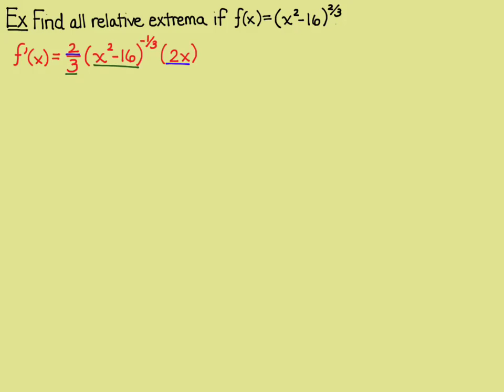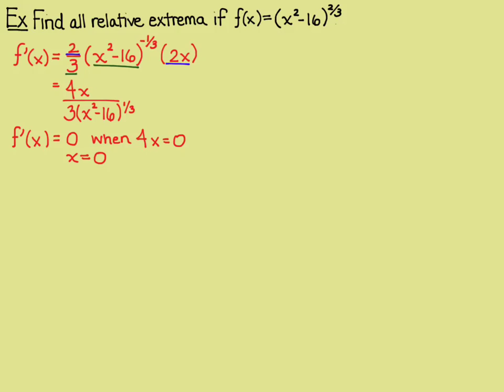The x squared minus 16 to the negative 1/3 gets pushed to the denominator because of the negative exponent. So I can rewrite this as 4x, remember that's the 2 times 2x, divided by 3 times x squared minus 16 to the 1/3.